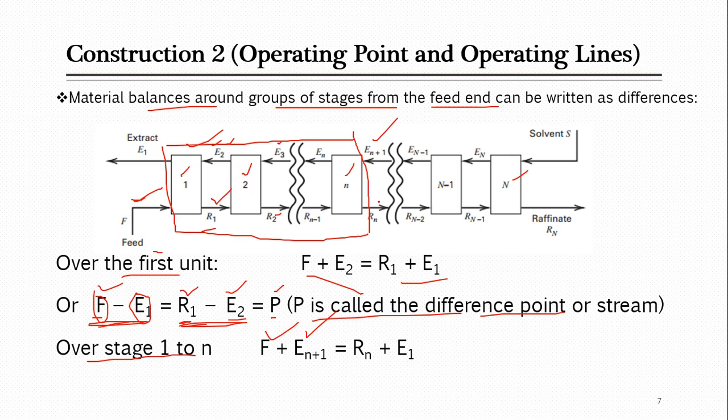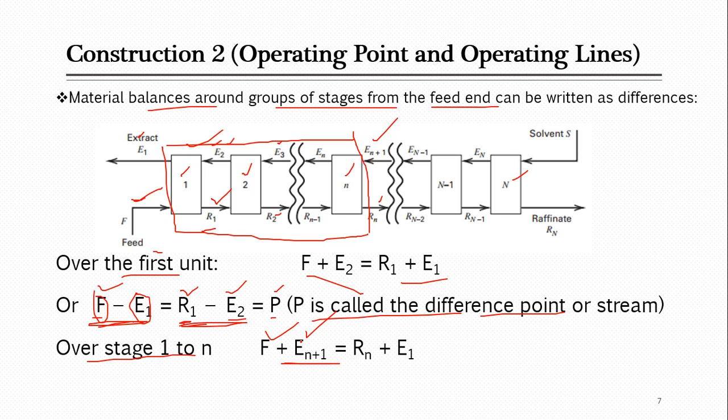You see output, one is Rn and the other is E1, so you can see here Rn plus E1, they are written. Now if I have to write it in the form of the difference point, you have to rearrange it in such a way that you get feed rich stream minus extract rich stream, because extract is actually the solvent rich stream.